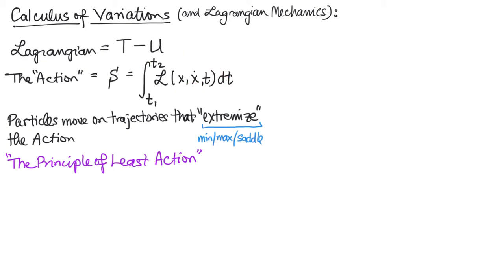And that's a little bit different than calculus, meaning how do you find the min or max of a function? In that case, you're given a function and you're trying to find a value of, say, x that maximizes f of x. Here we need to choose a function for which this integral is extremal.